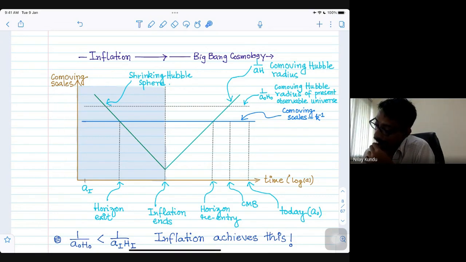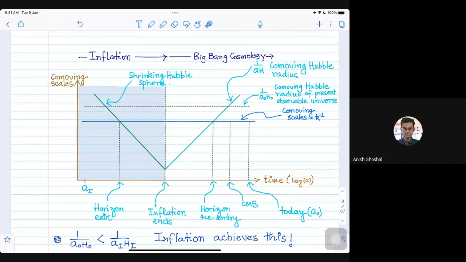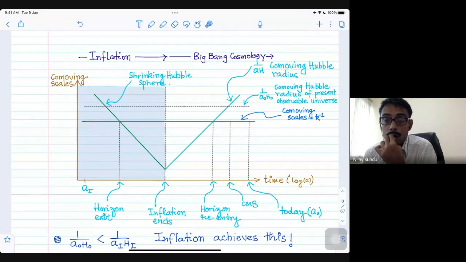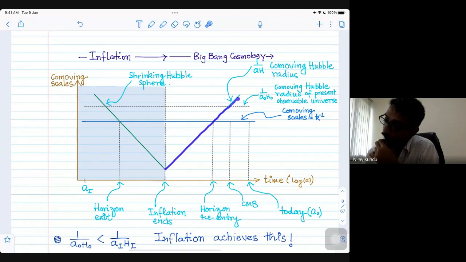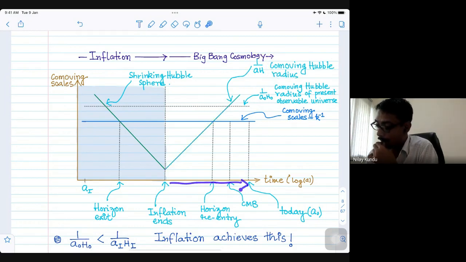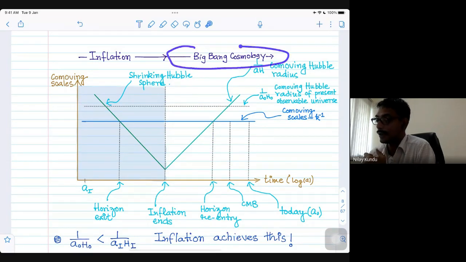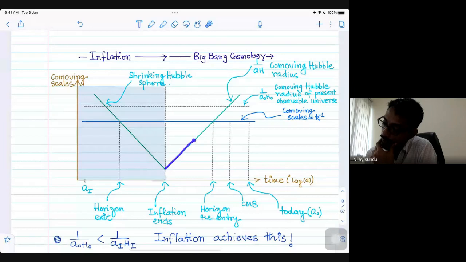So this line tells us how this 1 over AH, which is the co-moving Hubble radius, evolves with time. And after this line on this side, where we have standard Big Bang cosmology, 1 over AH increases with time.